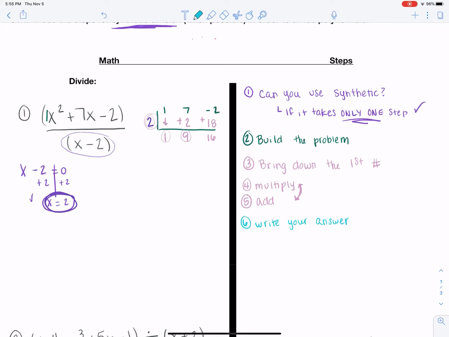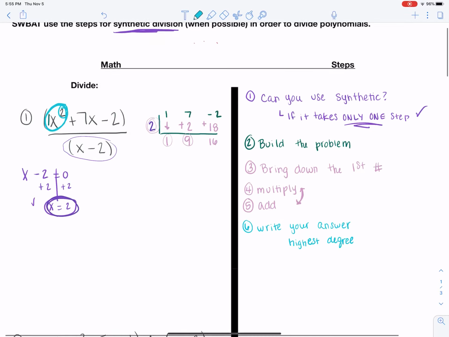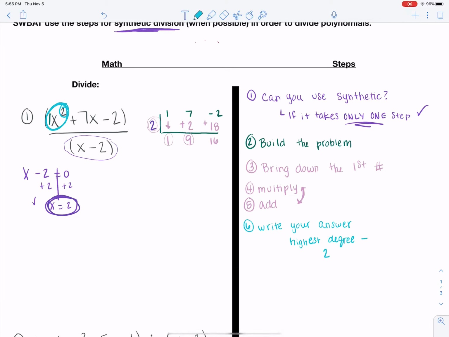So you have to first look at your leading exponent there. That is called the highest degree. So we're going to take the highest degree. Our highest exponent is 2 minus 1. So 2 minus 1 is 1.